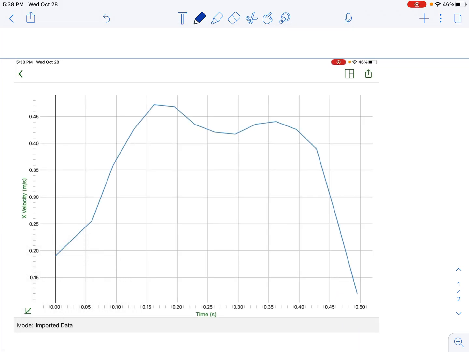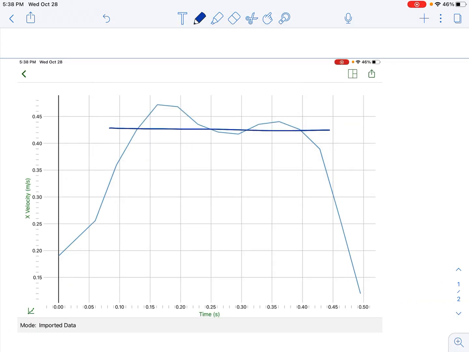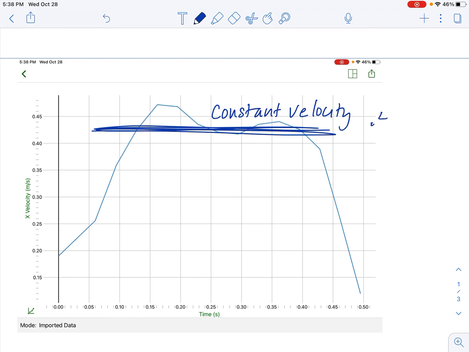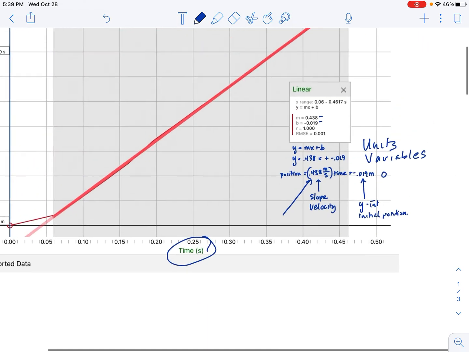Here's the velocity time graph, and this is a little messy, but basically if I look at this part here, this is the constant velocity portion, and the more perfectly you do this, the closer you'll get to a horizontal line. And that constant velocity is about 0.43 meters per second, and I'm reading that right off of this scale on the vertical axis. If I go back up here, again, remember that velocity indeed is about 0.43 meters per second.